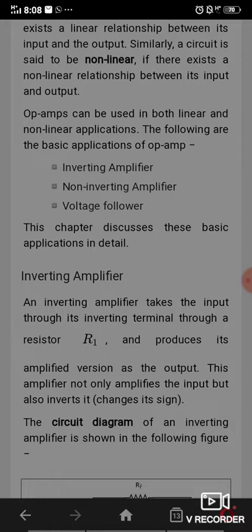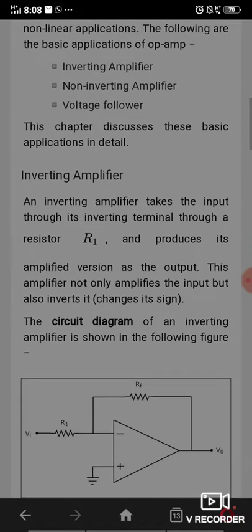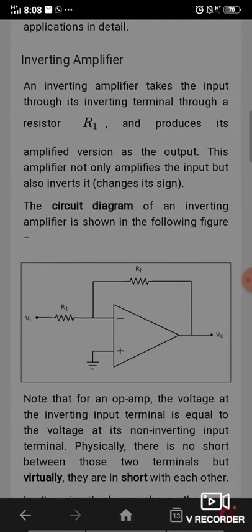This amplifier not only amplifies the input but also inverts it, changing its sign. The circuit diagram of an inverting amplifier is shown in the following figure.